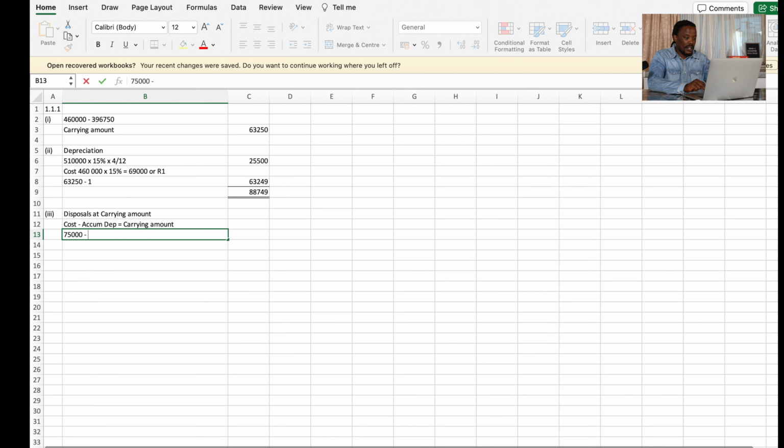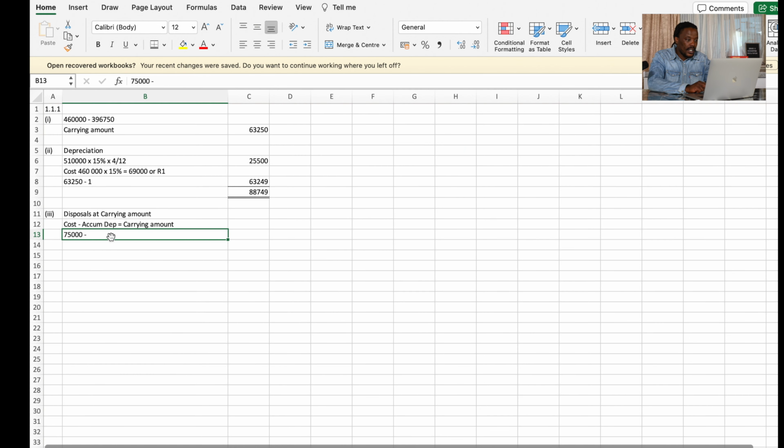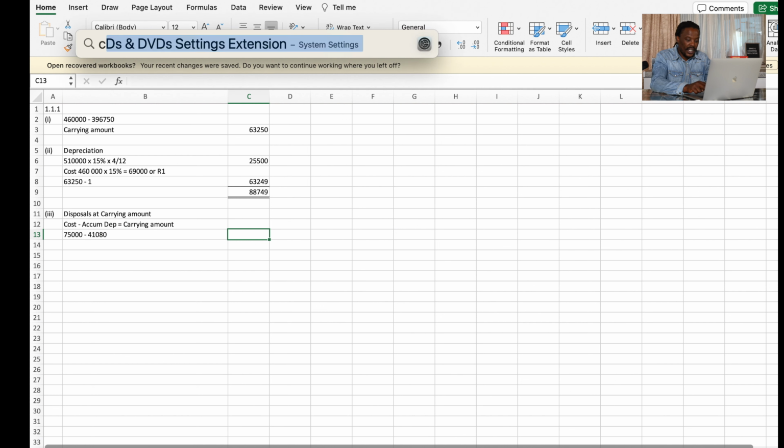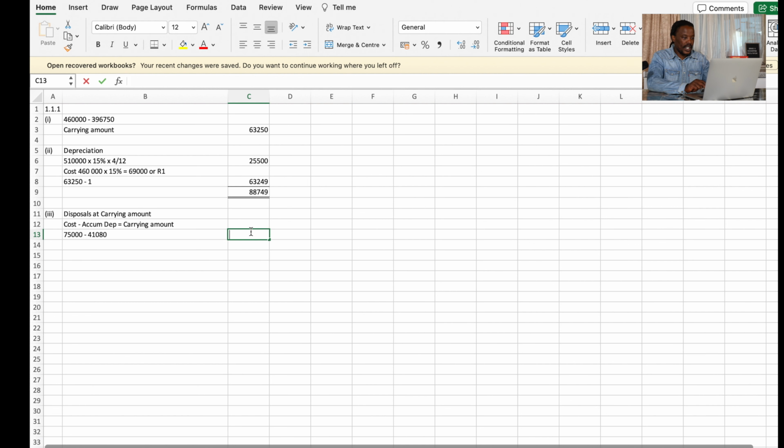Then the accumulated depreciation, if you take 36,600 you're going to be incorrect, must be inclusive of what was calculated until this asset was disposed of, which gives 41,080. So the disposals at carrying amount on this asset is 75,000 minus 41,080, which equals 33,920.